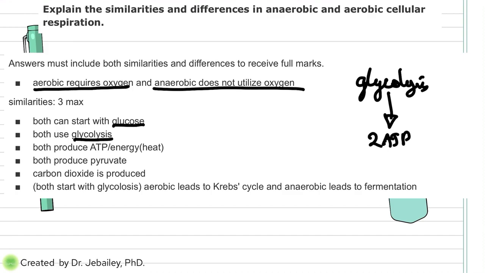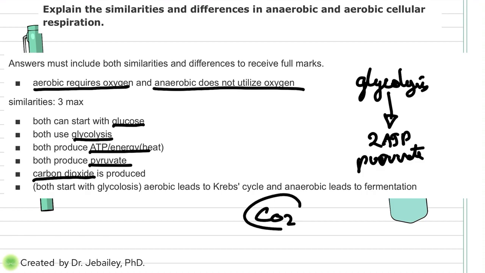So that means they're still producing energy. And they both produce pyruvate, because at the end of glycolysis they both have pyruvate being produced. Now CO2, carbon dioxide, is also produced in both cases because as you go through the entire process, you are releasing CO2. As you inspire oxygen, you expire CO2.